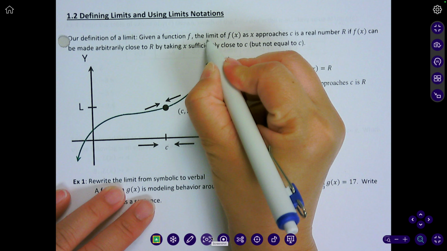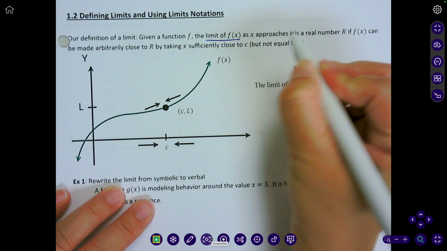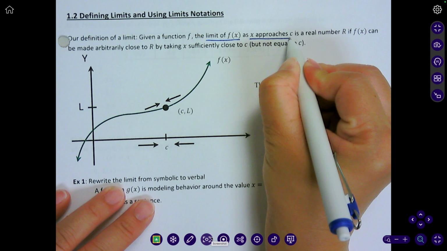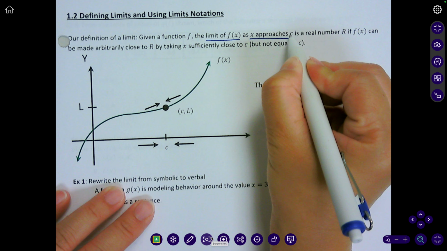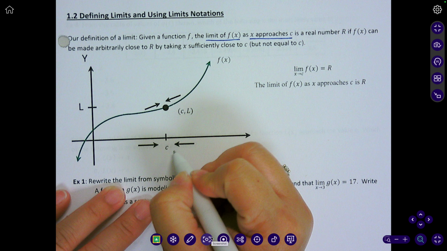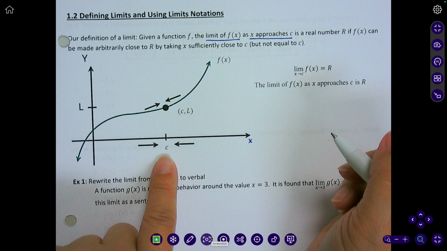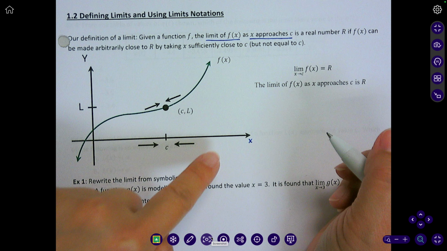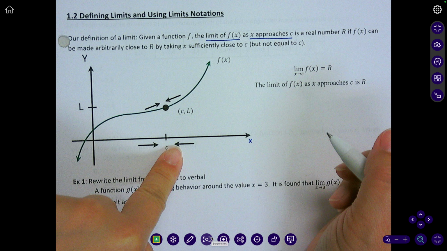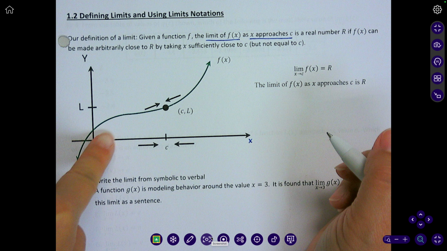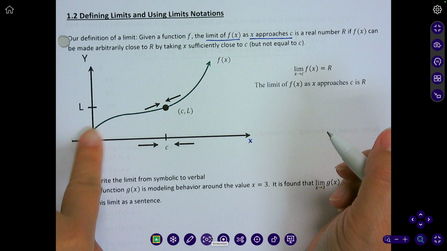If I want to find the limit of f of x as x approaches a number, we're going to call that c. So here's c. That c is your x value. So in this case, I want to know that when x is getting close to c, where's your y going? Where's your function going?